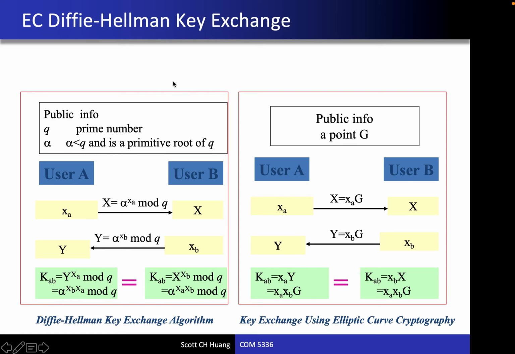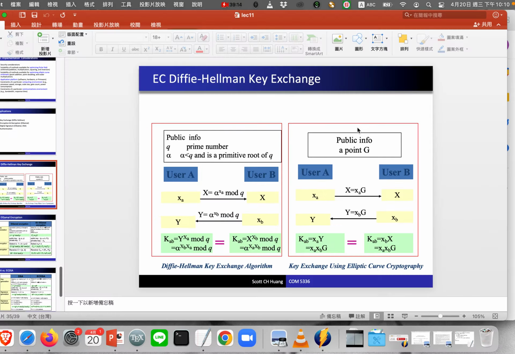So the public information is changed to the public information of an elliptic curve. Let's take a look. We need to have those public informations, like the sixth tuple for a prime field, or the seventh tuple of the binary field.